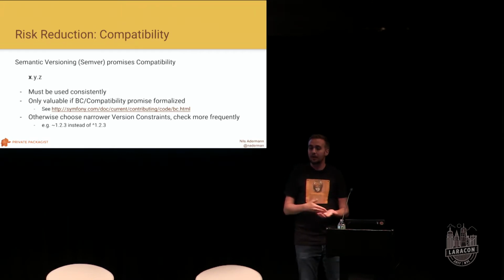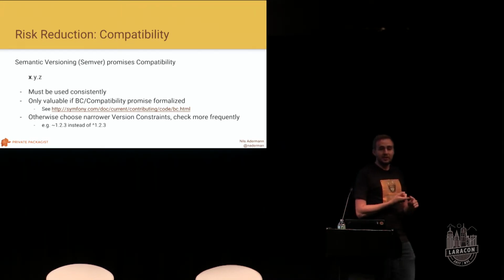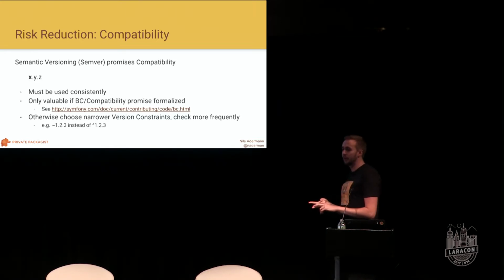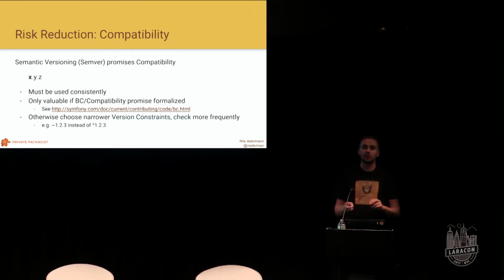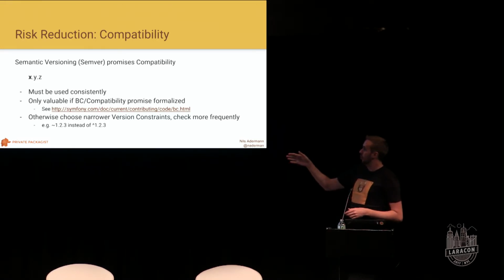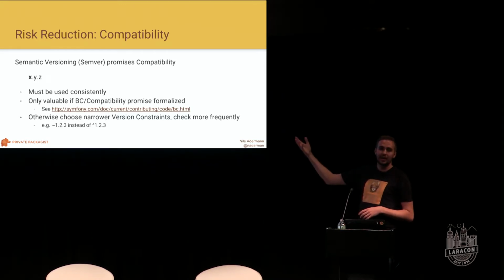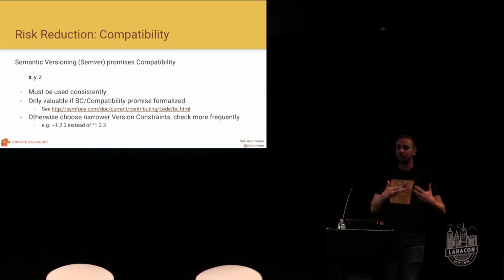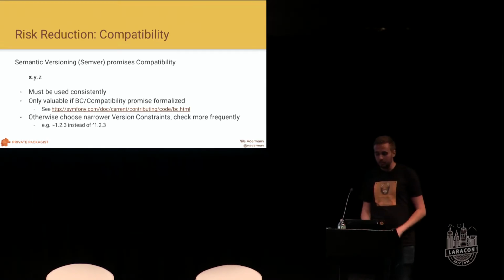But if you know that a library either doesn't consistently follow this, or that you're using a part of the library that is documented to not be considered a BC break if it changes, you could use more narrow version constraints, like the tilde operator, which will only increment the last digit, so that you will have to manually modify the version or upgrade the version after you've reviewed the code to still work.